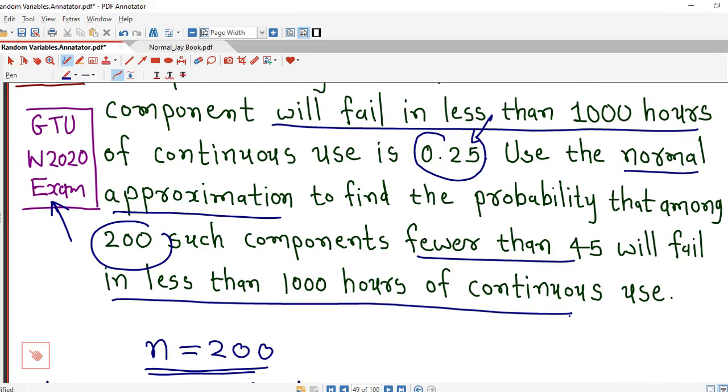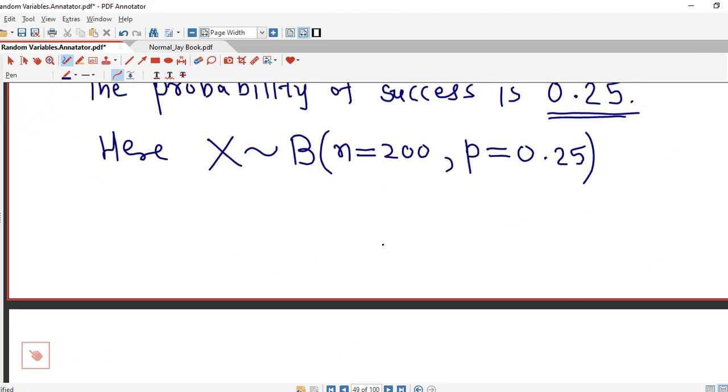Now we are asked to find the probability that among 200 such components, fewer than 45 will fail in less than 1000 hours of continuous use.